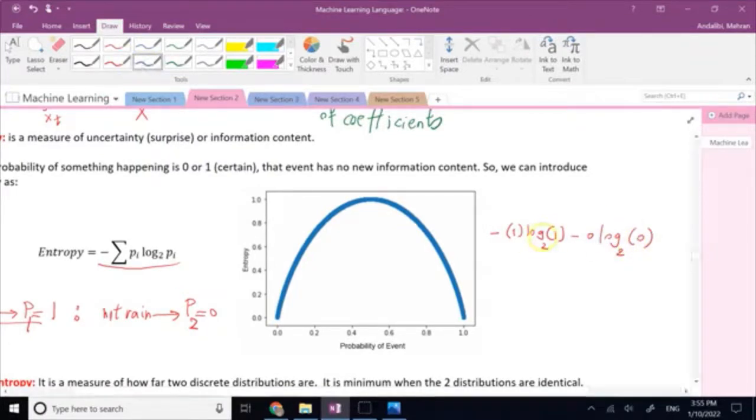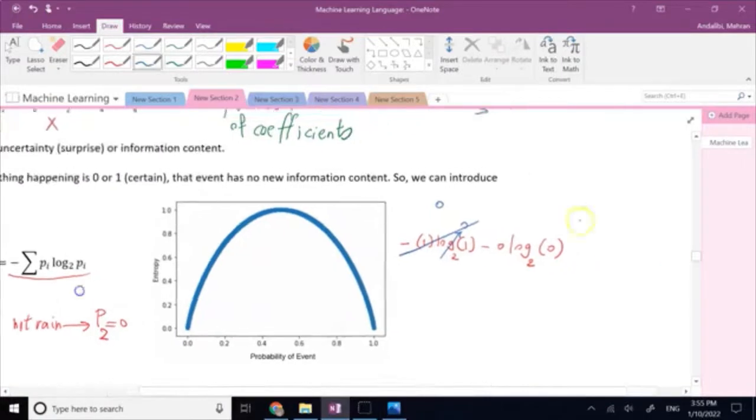Well, you know log 2 of 1 is 0, so the first term entirely is 0. What about this? Log of 0, you know in limit it goes to negative infinity. That negative and this negative cancel, so you have 0 times infinity, which is ambiguous. But you know the limit of p log 2 of p, when p goes to 0, is going to be 0.